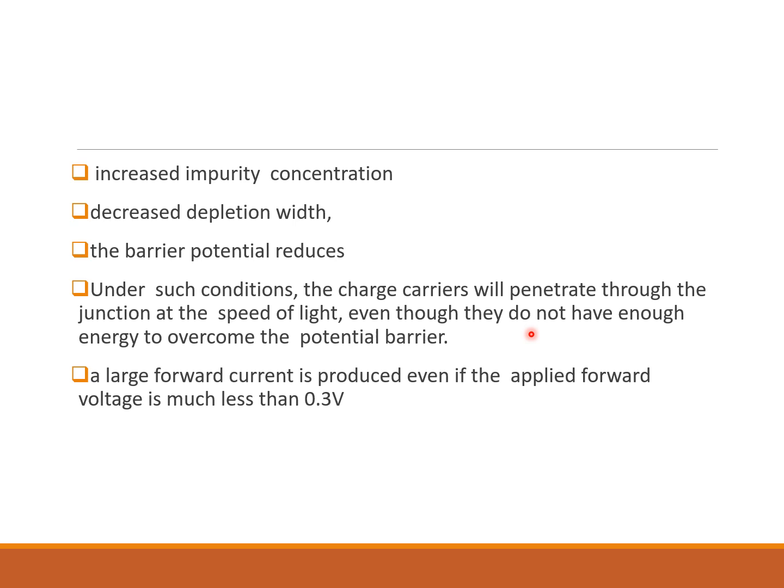The carriers penetrate from one region to another by making a tunnel, even though they do not have the energy to overcome the barrier potential, since the concentration is more. When you give supply, or when biasing happens, the charge carriers move through the junction at the speed of light, making a tunneling phenomenon.